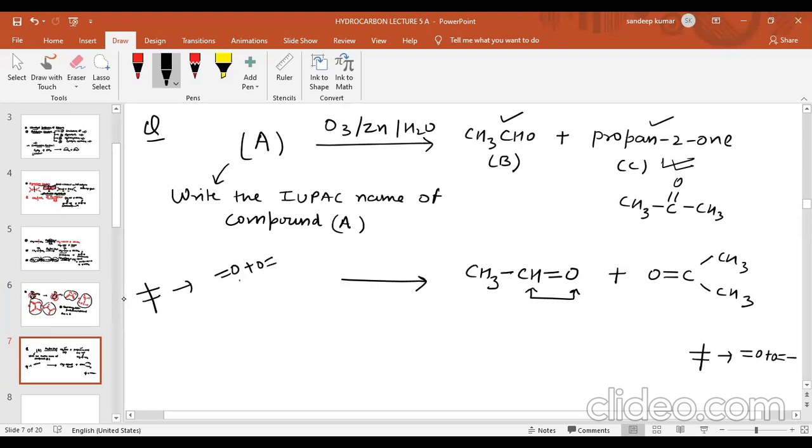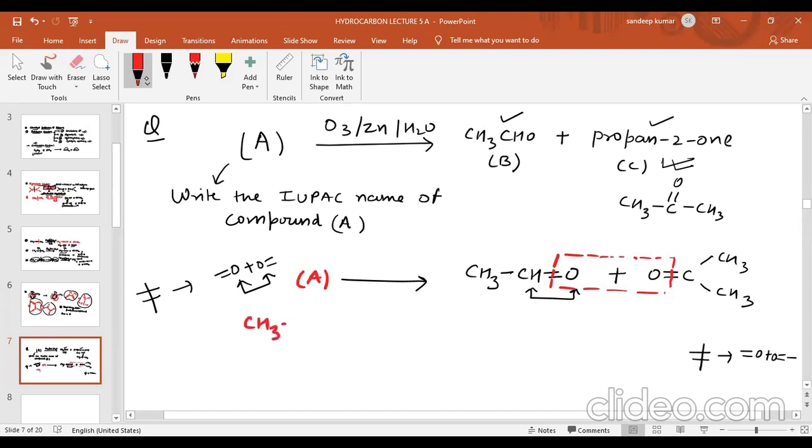Now reverse: add these two oxygens, then the pi bond will be formed, with removal of oxygen.